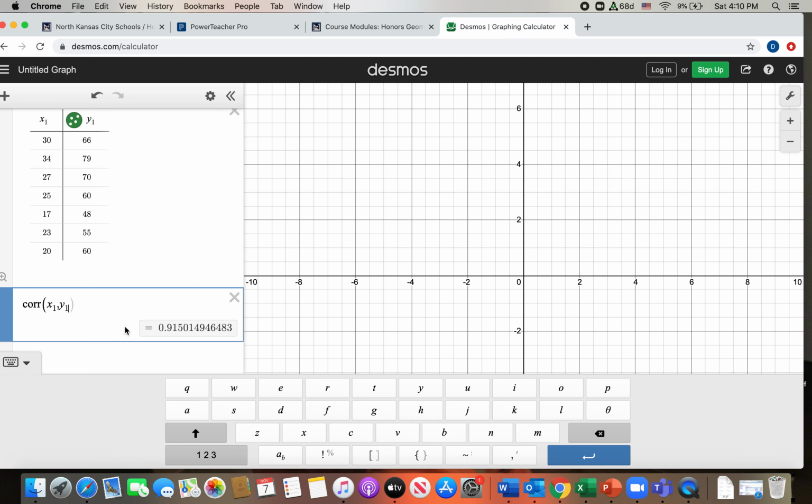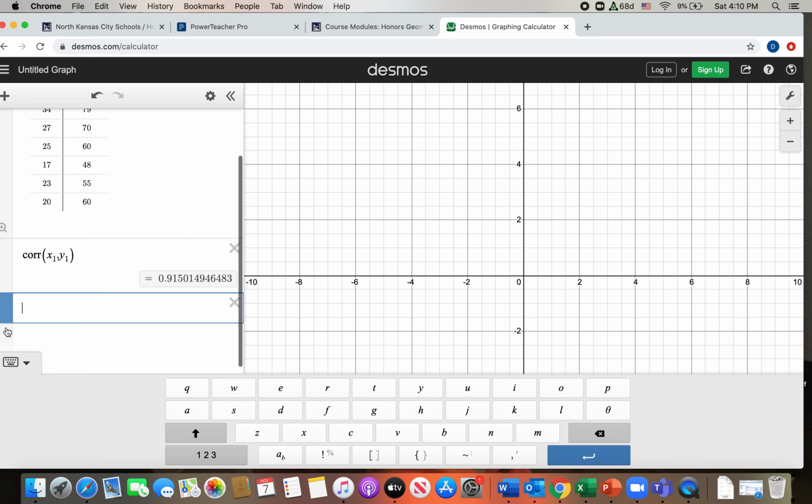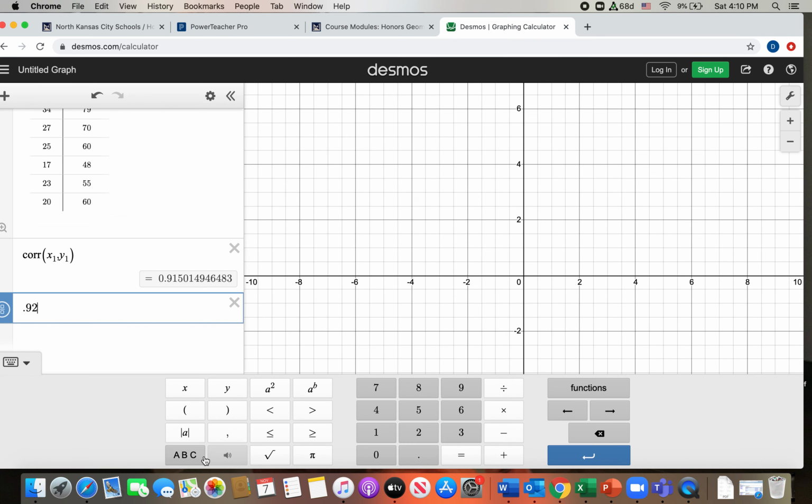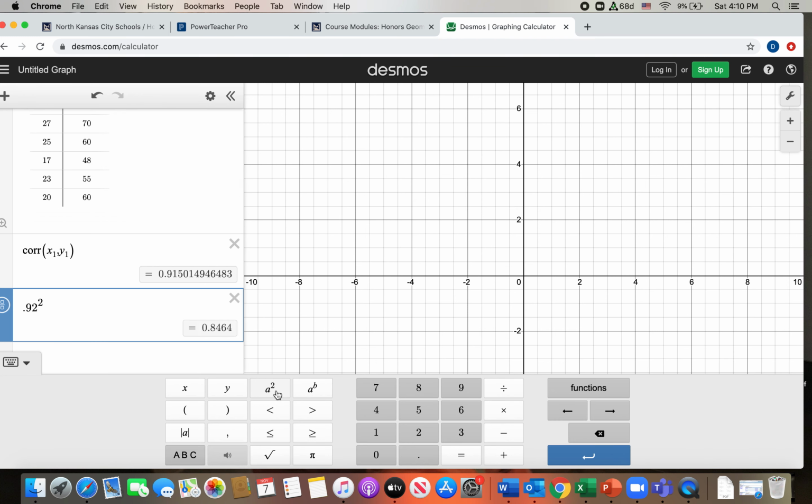That's our R. So 0.91 times 0.91 is going to be pretty close to 0.81. We could figure it out right here: 0.915 squared is about 0.8464.